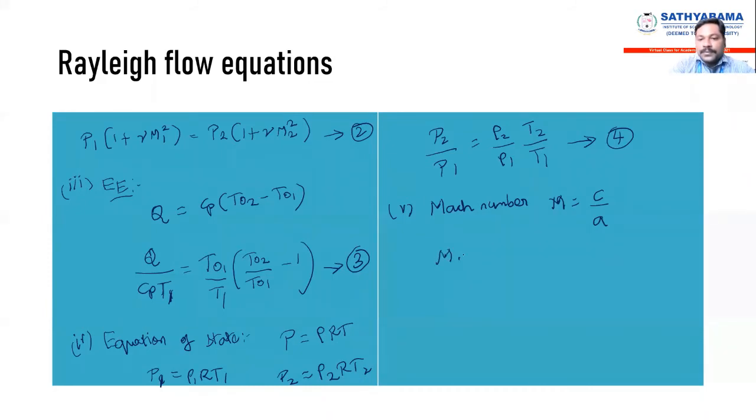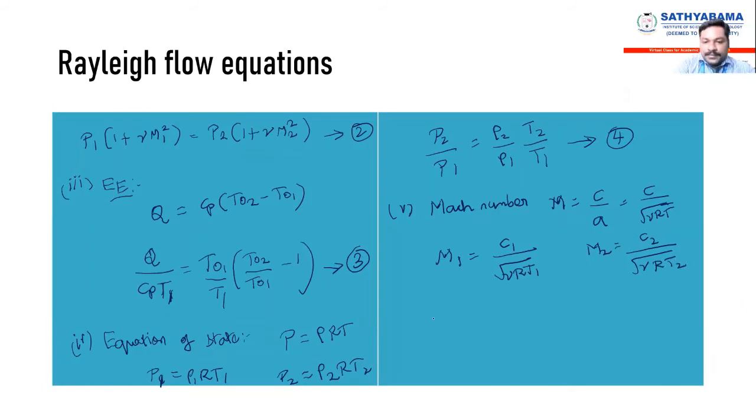So this a can be replaced as root of gamma R T. So we will write this M1 as C1 divided by root of gamma R T1, and then the flow at exit M2 as C2 divided by root of gamma R T2, right?